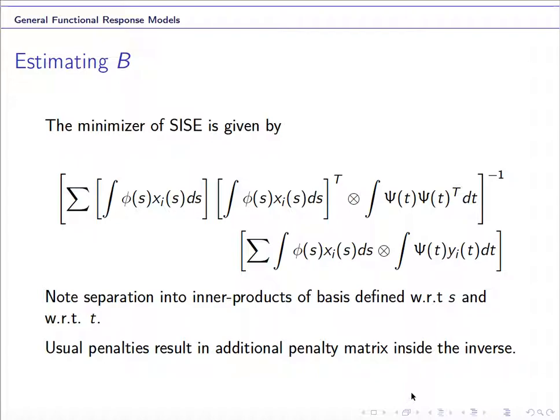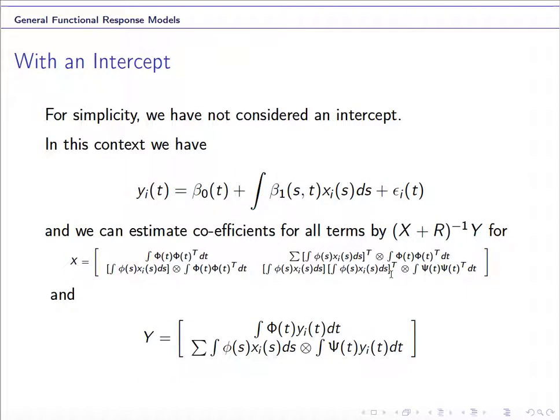So you can find that the vectorized coefficient matrix will be like this. It's a little bit more complicated, involving several Kronecker products. And also you can add an intercept beta 0 of t in the model, and so the formula will become a little bit more complicated.